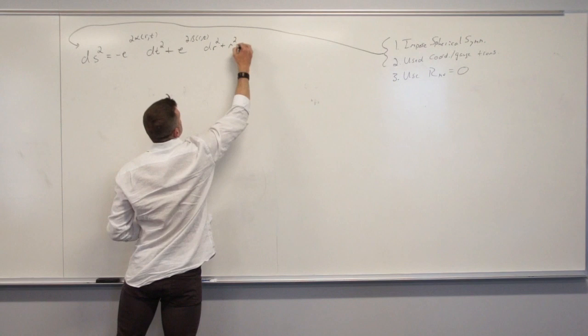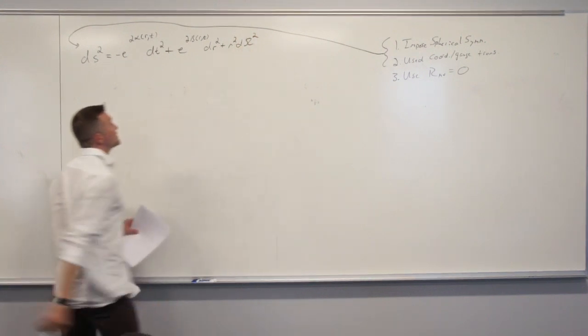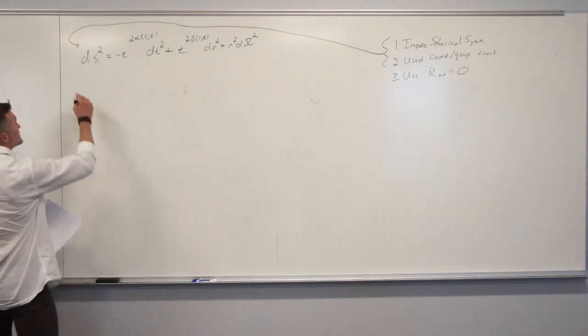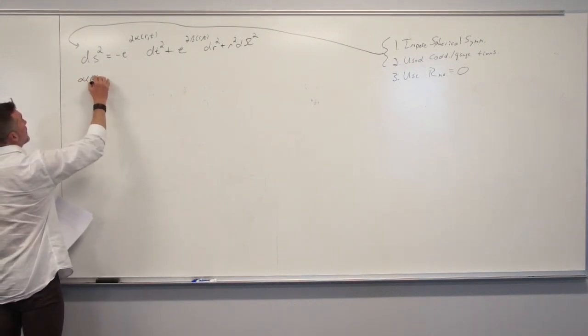And then, of course, we've got this nice simplification from coordinate changes that the angular piece just takes the standard form. And so right now we are sitting at 2 unknown functions.